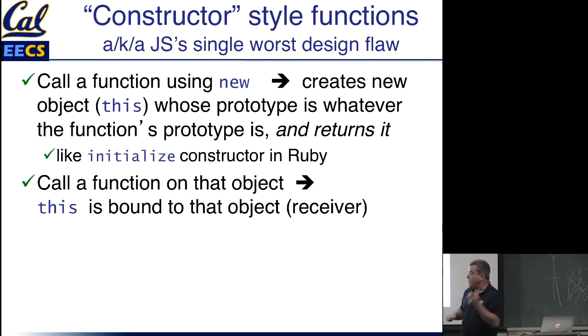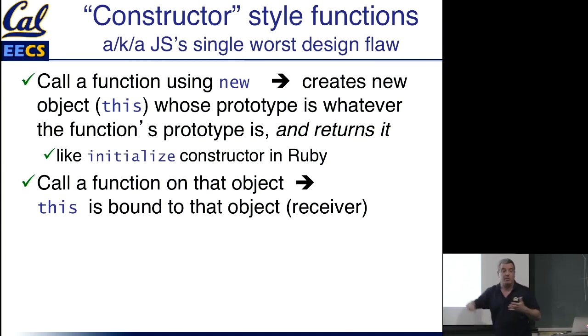If you now take that thing that you got back and you call a function on it, then within the body of the function, this is bound to whatever the object is, just like self in Ruby. So once you've created an instance of a class and you call an instance method of that class, within the instance method, self means the copy of the object that received the call. Same thing in JavaScript.